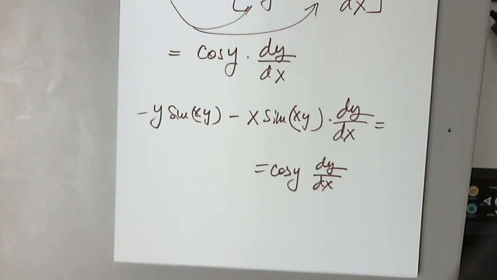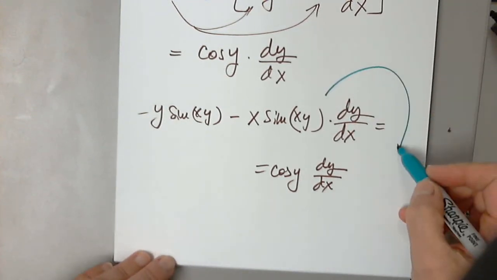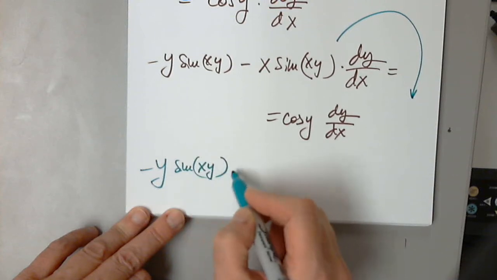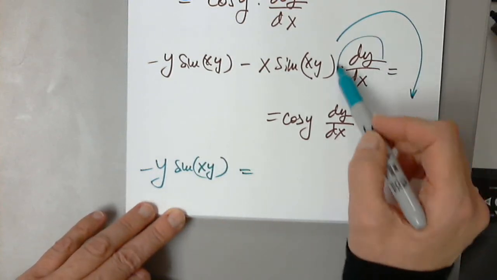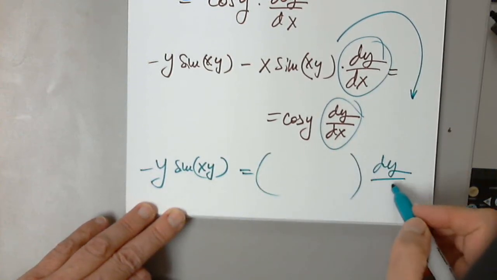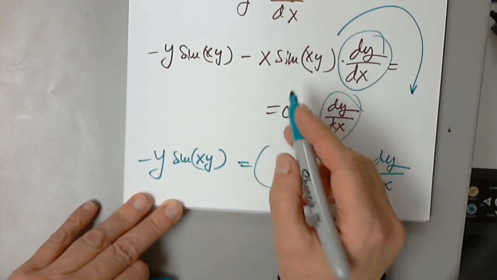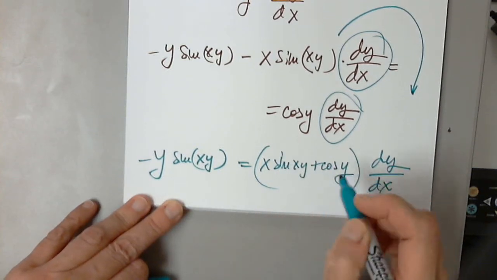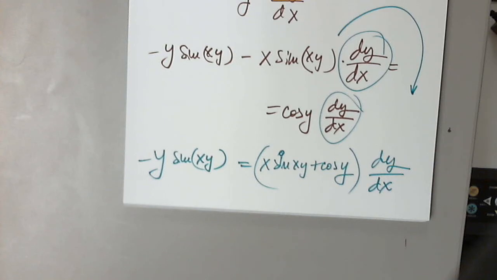Now there are two terms with dy over dx, and they have to be on the same side. So I have negative y sine xy equals. I see these two are the same, right? So this is what I'm after, dy over dx. And then I get x sine xy plus cosine y, after I factor out. Is this okay? What did you do at the last part?